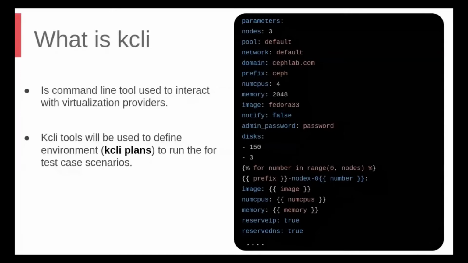KCLI uses a simple YAML file to define these variables. We can modify the number of nodes and number of CPUs as required, and we create this environment. After creating this environment, we'll be able to run the test scenarios we want.